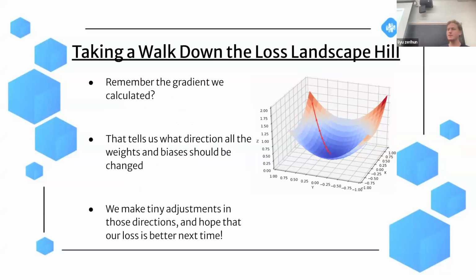As I alluded to earlier, we're taking a walk down the loss landscape hill. That tells us what direction all the weights and biases should change, and then we make tiny adjustments in those directions. Hopefully we get a lower loss on the next iteration, and so on and so forth.